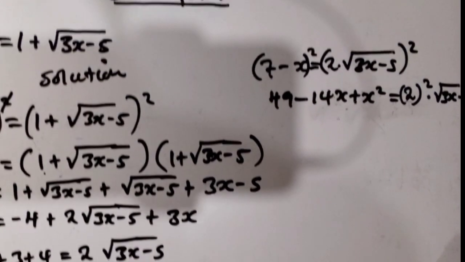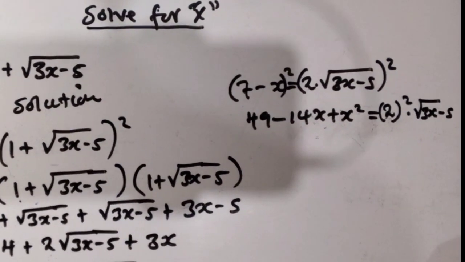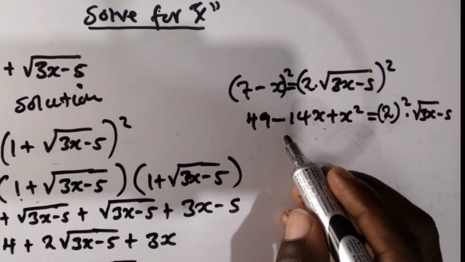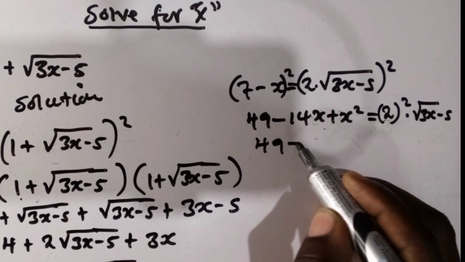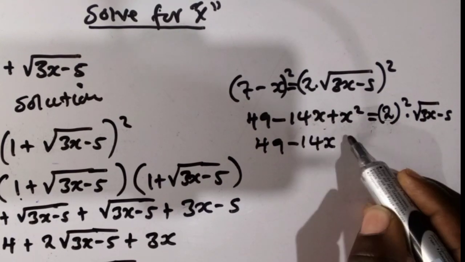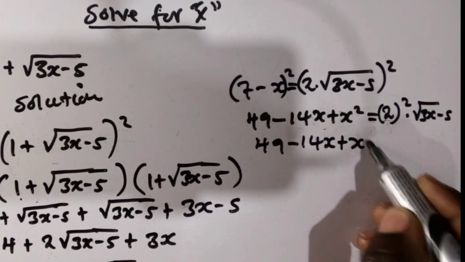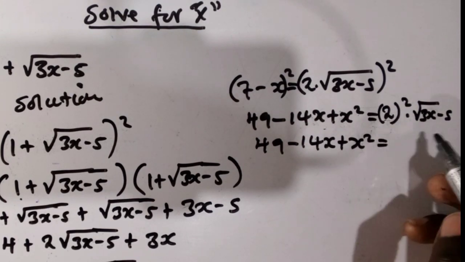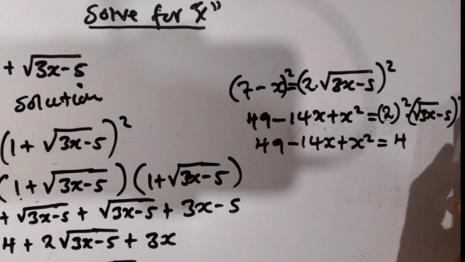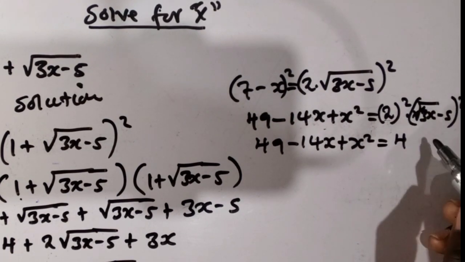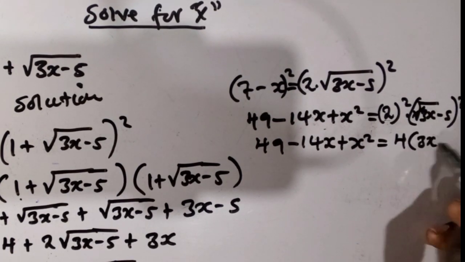I hope you're following. So we have 49 minus 14x plus x squared equals 2 squared, which is 4, then the square and square root cancel, and we remain with 3x minus 5.